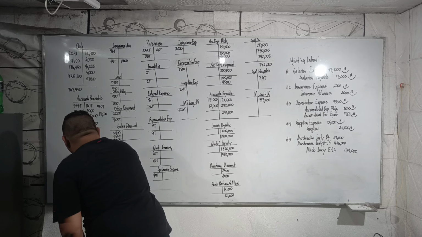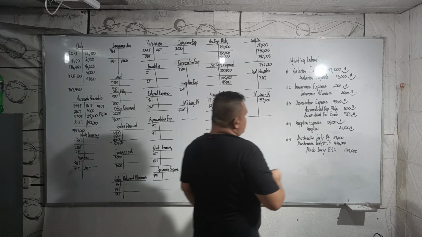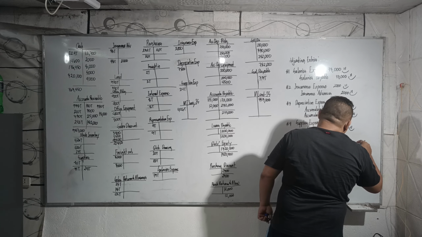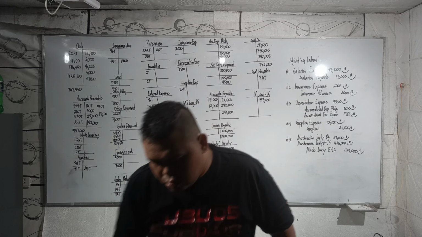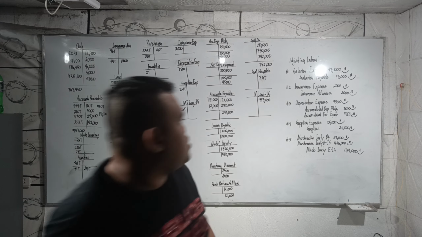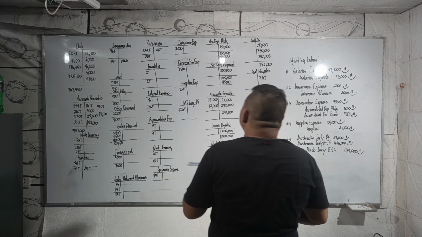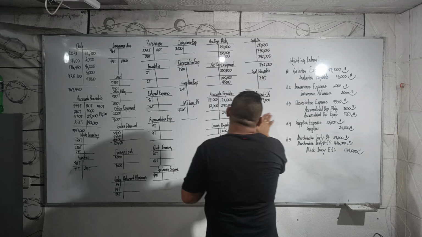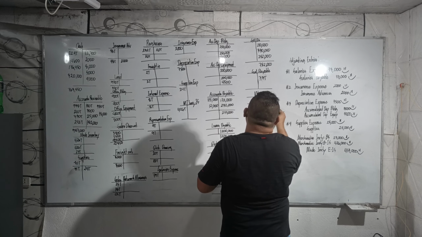So the previous balance is 426. It will now become 453 later on. So we have already posted the adjustments to the ledger. So what will happen? After posting it to the ledger, we will have a balance already of these accounts.